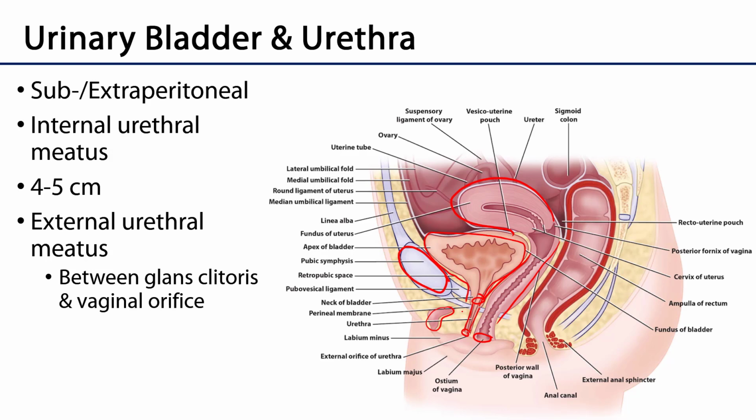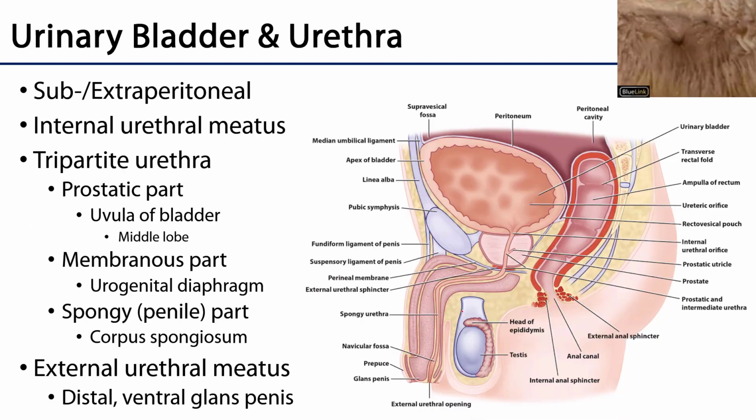Now let's take a look at the urinary bladder and urethra of what would be typically a male pelvis. And in this case, the urinary bladder is expanded greatly. So here is our bladder, and we can see that it is sitting atop something new.